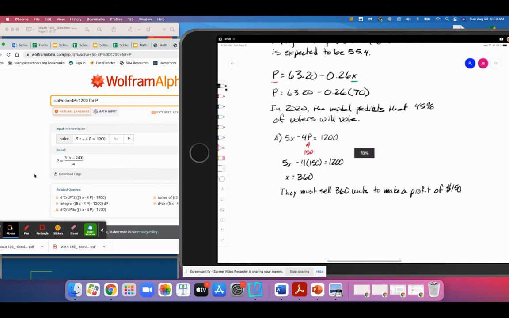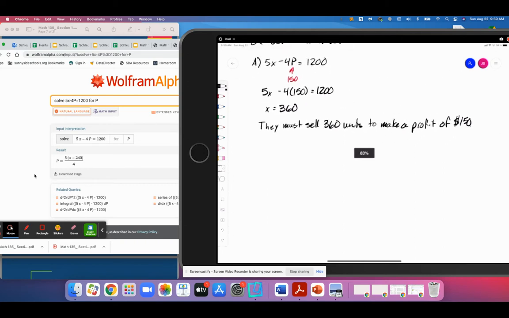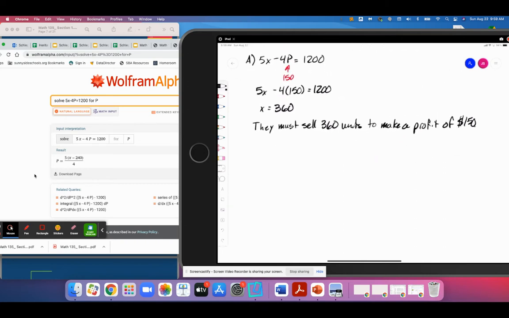And so for part B, oh my goodness, my iPad is tripping out. So again, folks, for part B, if we did solve it for P, we would have P is equal to 5 times X minus 240 over 4. And there's probably multiple other ways to write that.